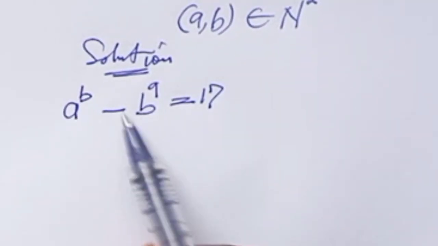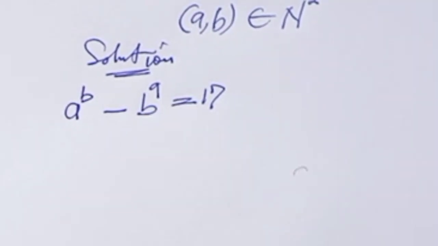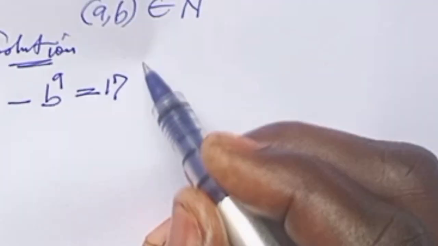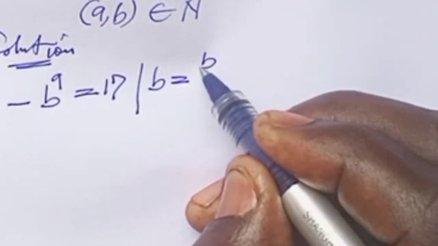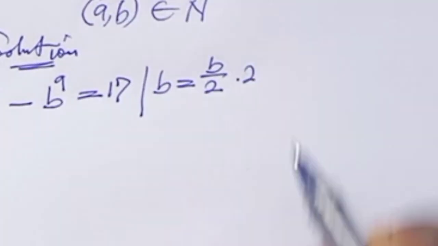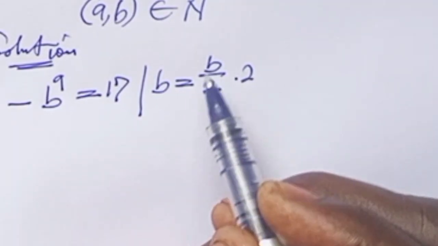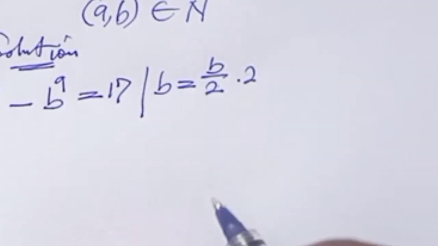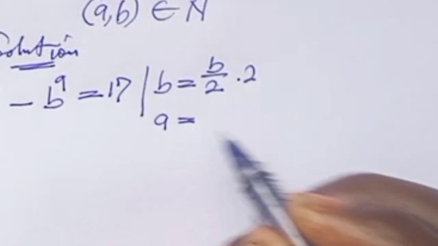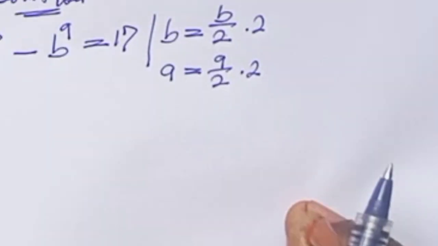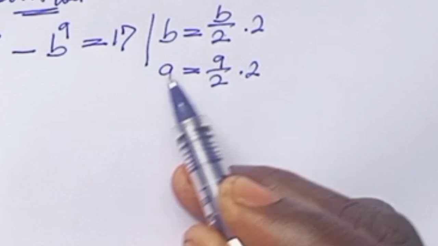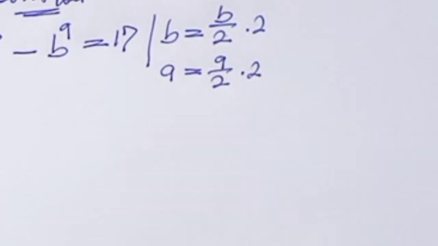To transform this to the concept of difference of squares, we can consider b to be equal to b over 2 times 2. When 2 cancels out 2, we are left with b, and we're fine. And also a to be equal to a over 2 times 2, so that when 2 cancels out, what is left is a, and that's good.